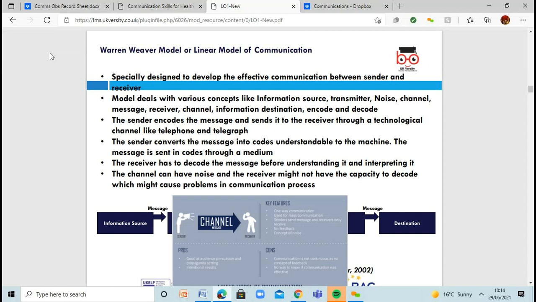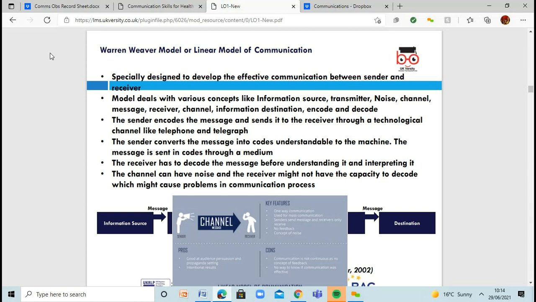Right, and then we've got Warren Weaver's model, which we can also call the linear model of communication. This is quite similar to what we've just looked at, but this model deals with things like information, transmitter, noise, and channel. The separate thing this has is noise in the middle.